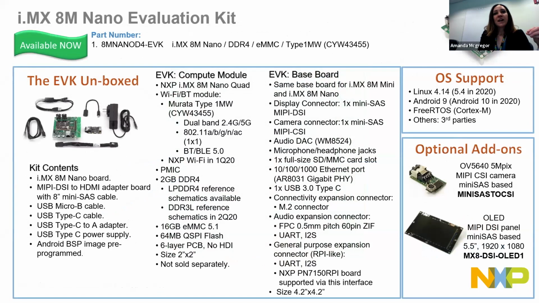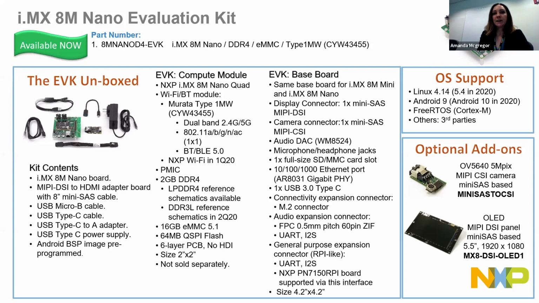So the Nano Evaluation Kit is available for sale today. You can go to nxp.com, you can go to an e-tailer or your distribution partner and order an EVK from them. Within the kit, you have the HDMI card, cable, you have USB Type-C power adapter, you've got the EVK itself.